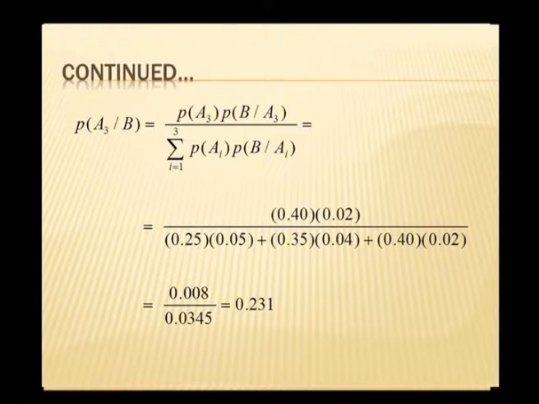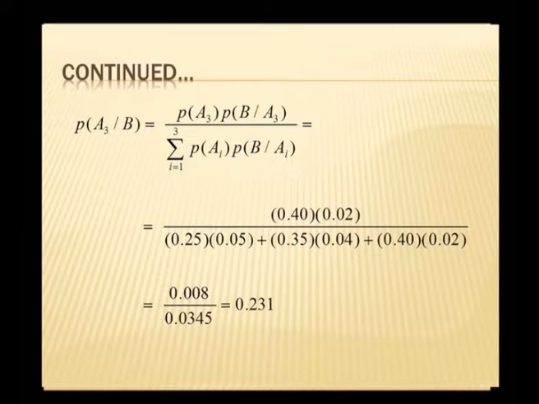That means this gives the probability of getting a defective bolt and that it is manufactured by machine B. And for the third one, P of A3 by B, the numerator is changing to P of A3 into P of B by A3, but the denominator is the same. So, we get 0.40 into 0.02 divided by the total summation, which is 0.0345.